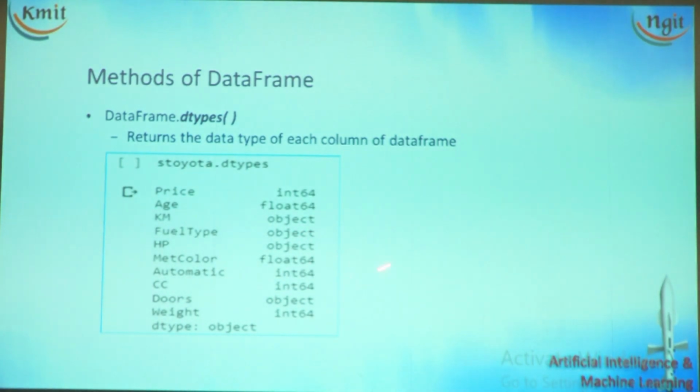Second, you see fuel type, object. No problem. Fuel type was categorical data, guys: petrol, diesel, CNG. So 0, 1, 2. Fuel type should have 0, 1, 2.